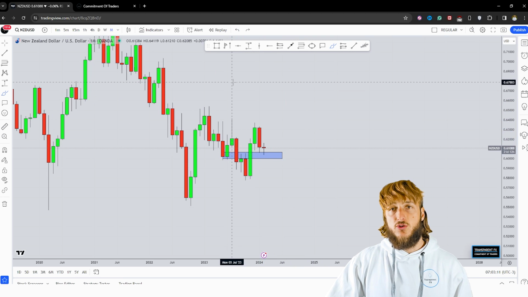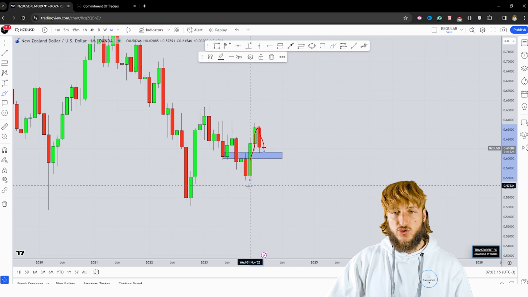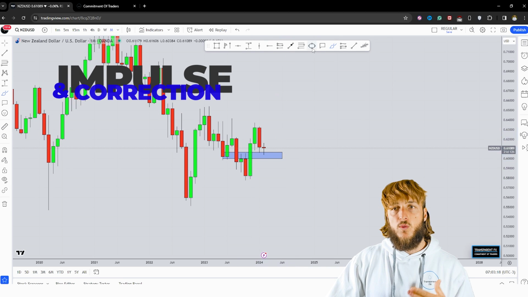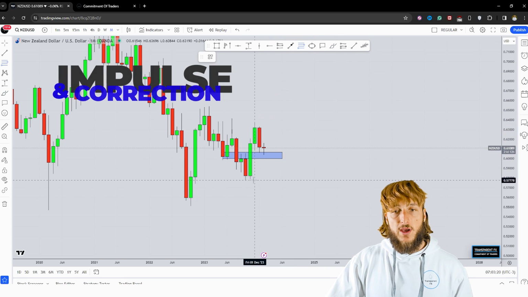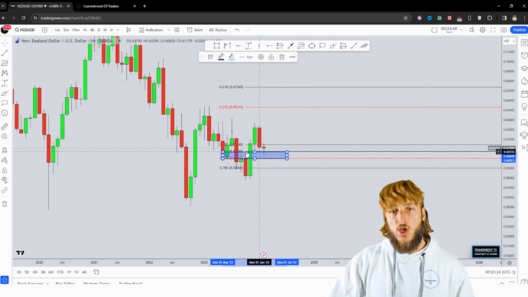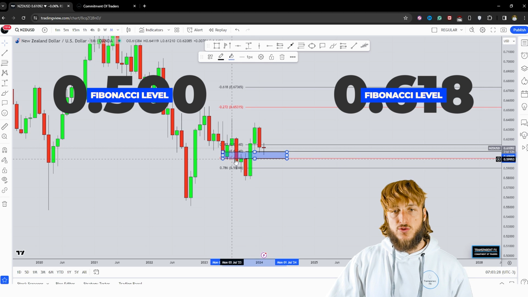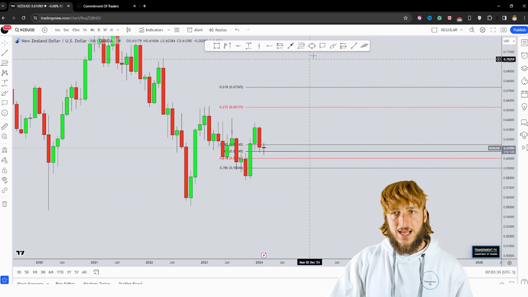level. We can also notice that from a pattern standpoint, we have a strong impulse followed by this correction. And in general, after an impulse, if you want to measure the correction, you have to take your Fibonacci from the low to the high of the impulse leg. And if we do that, we can see how we have the 50% and 0.618 Fibonacci retracements lining up exactly at this area.